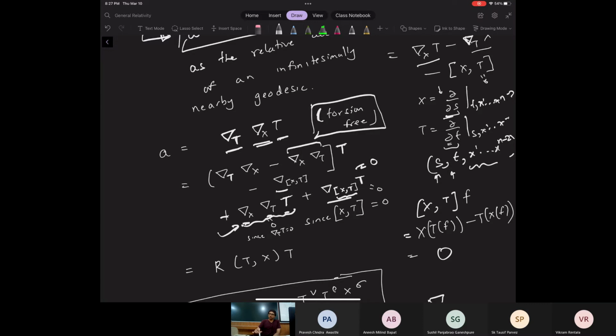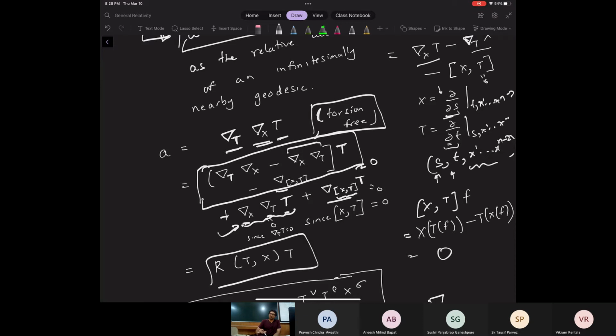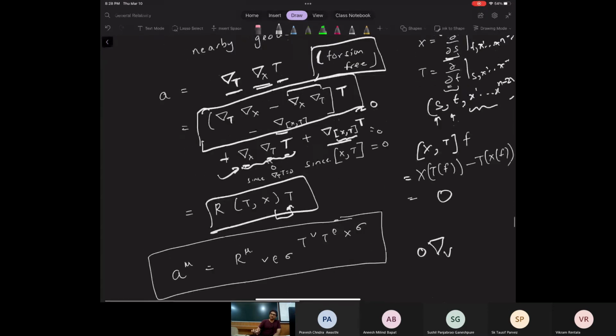Okay, so both these are 0, but what is this quantity? That's just the Riemann tensor. It's the Riemann tensor acting on t, x, and we think of the third argument as t. Or you can think of this as operating on t, as I told you in the earlier class. So this is just the Riemann tensor acting on t, x acting on t. So in components, I can just write this out now.